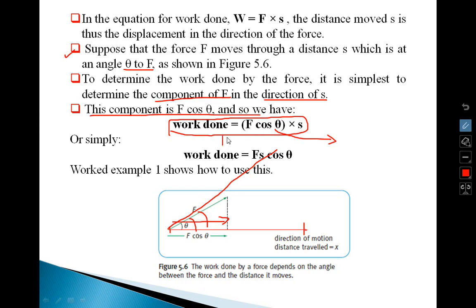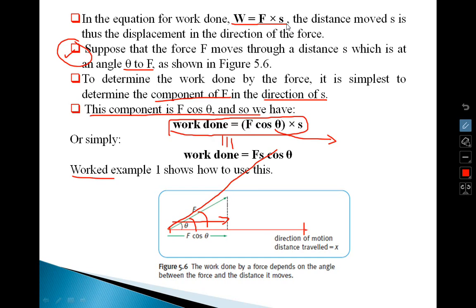They are exactly the same, you can write this or this. And worked example 1 shows how to use this equation. Now we will take an example to explain this special case of W equals F times S.